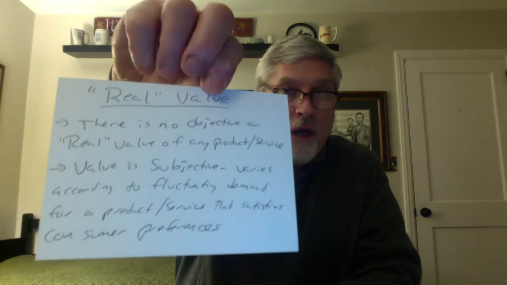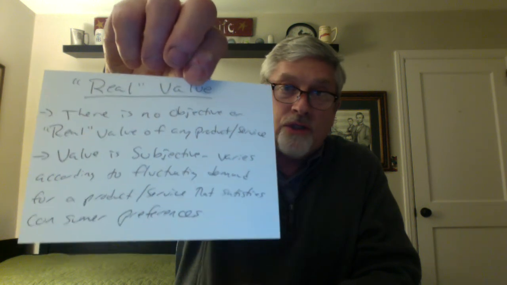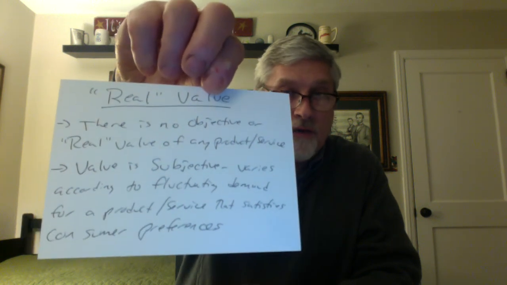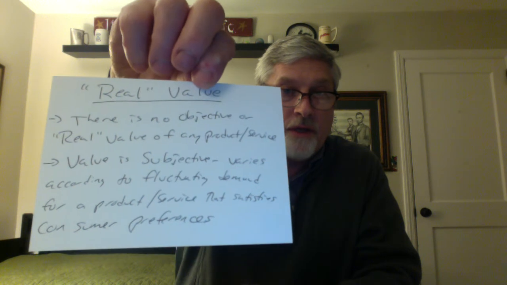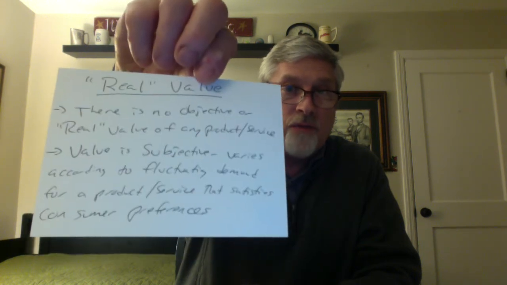It's just a question that value is subjective, particularly in a free economy. And it varies according to fluctuating demand for a product or a service that satisfies consumer preferences. So again, there is no objective or real value of any product. Value is subjective, and it varies according to the fluctuating demand for a product or service that satisfies consumer preferences.